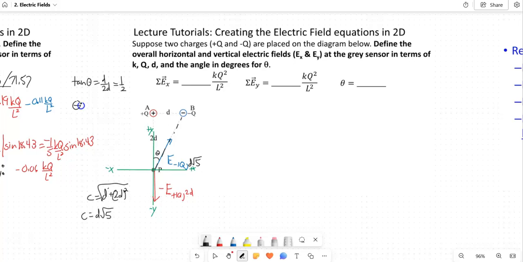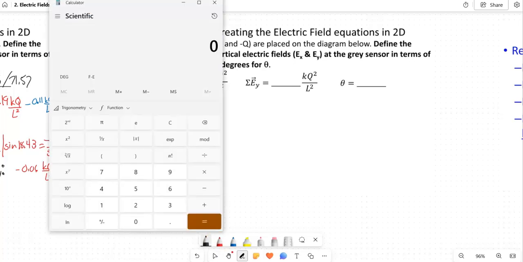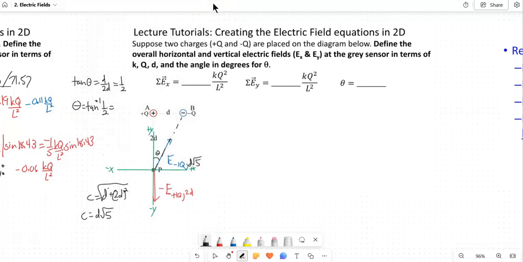So the inverse tangent of 1/2, that's going to be equal to 0.5, second function inverse tangent, 26.57. So I'm going to write that over here, 26.57.